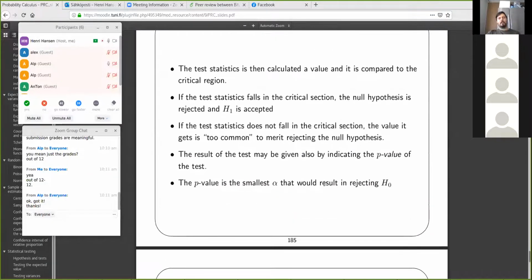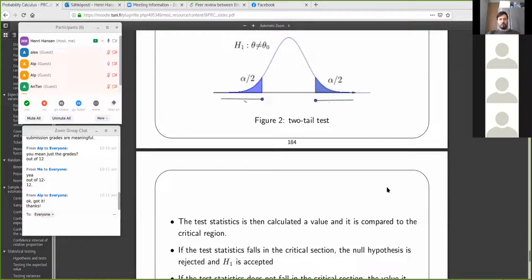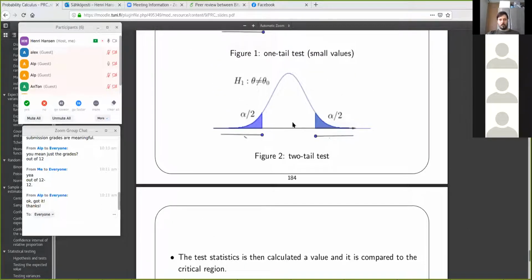Okay, the test statistic is then calculated, and its value compared to the critical region. If it falls in the critical region, then we reject the null hypothesis and accept the alternative hypothesis. If the test statistic does not fall in the critical region, so we get one of these results here, not quite in the critical region but pretty small, then what we usually say is that we got a difference, but it was not statistically significant.